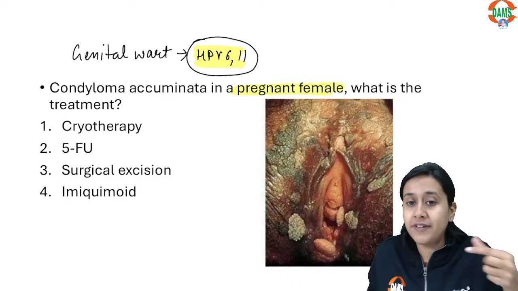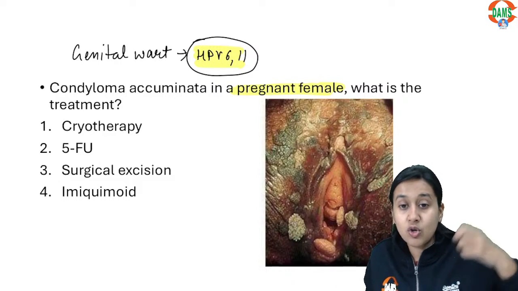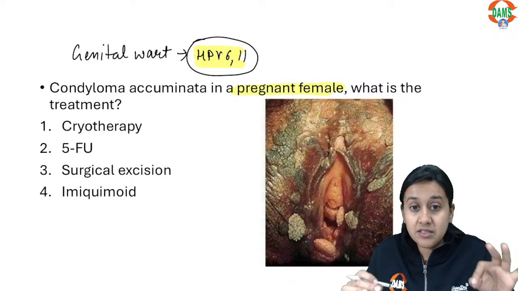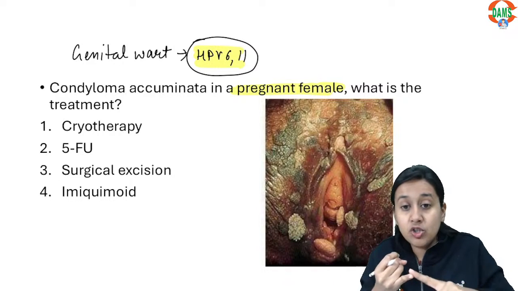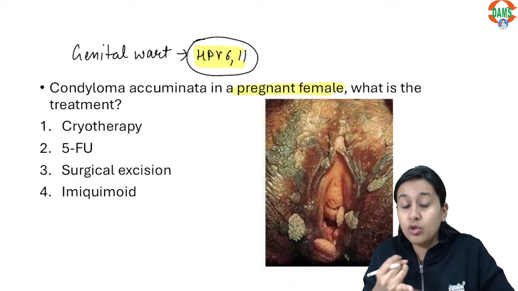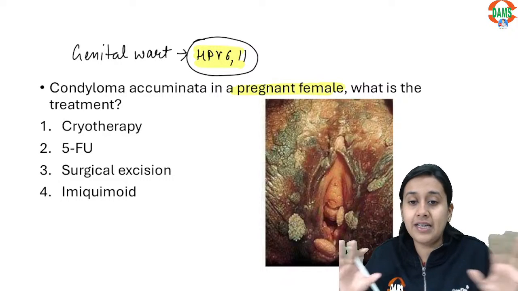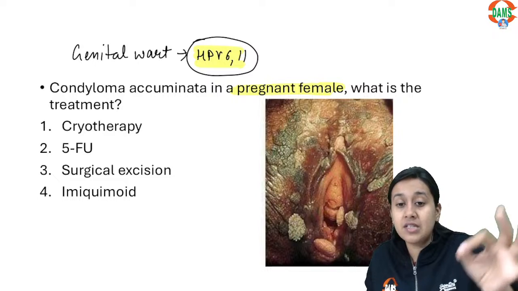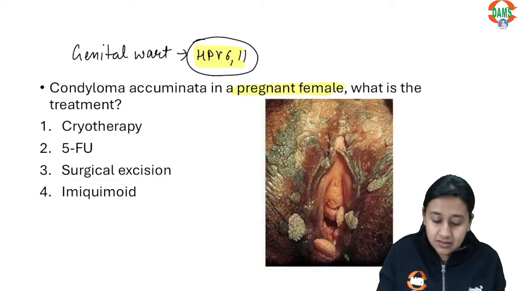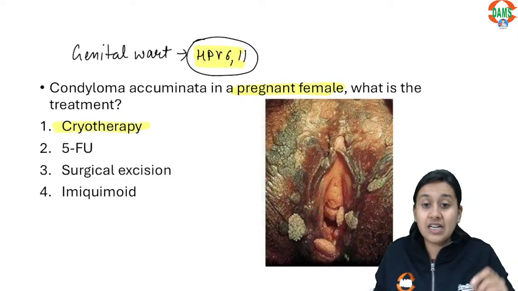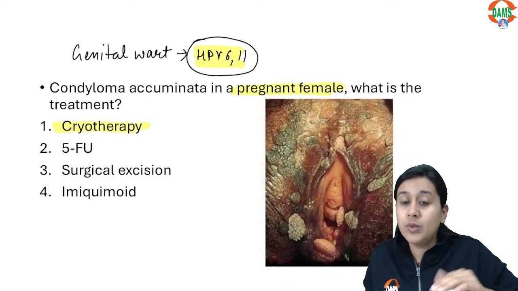We give podophyllin, which is a plant resin that causes mitotic arrest. But please remember, in pregnancy, imiquimod, 5-FU and podophyllin are all contraindicated. You cannot give these because they are teratogenic. During pregnancy, the best option is cryotherapy, where we apply liquid nitrogen.